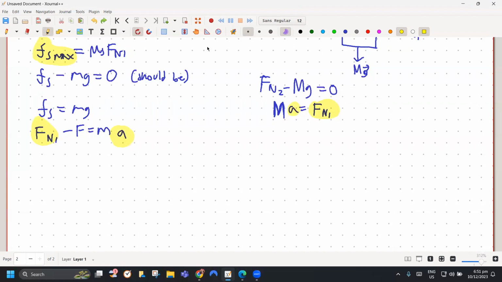Tapos, given big F, ano yung effect nun sa acceleration? Ano yung effect nun sa normal force, Fn1? So using those two equations, what's normal force and acceleration? So use elimination to solve for A and Fn1 in terms of the other variables.